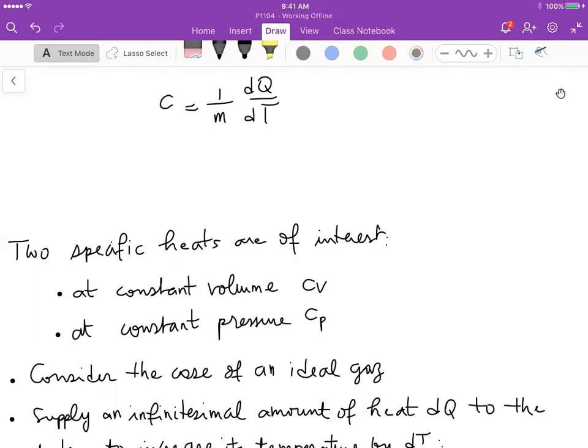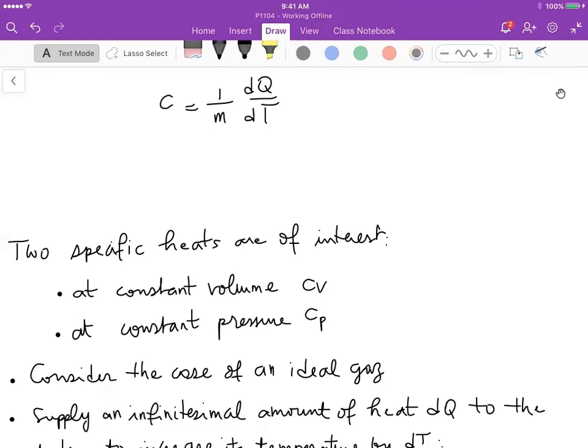Here we are interested in two specific heats: one defined at constant volume, which means we add heat to a system to raise its temperature while keeping the volume constant, and the second one keeping the pressure constant.